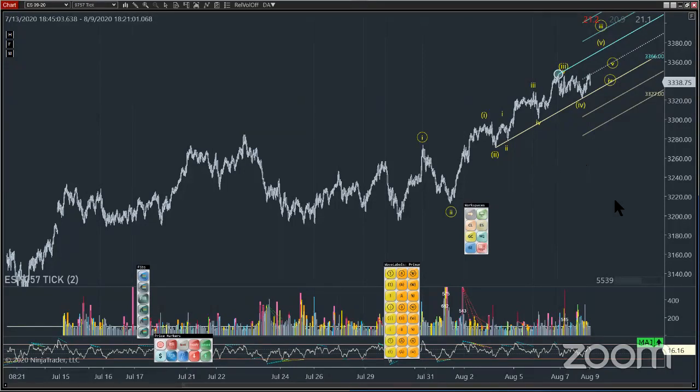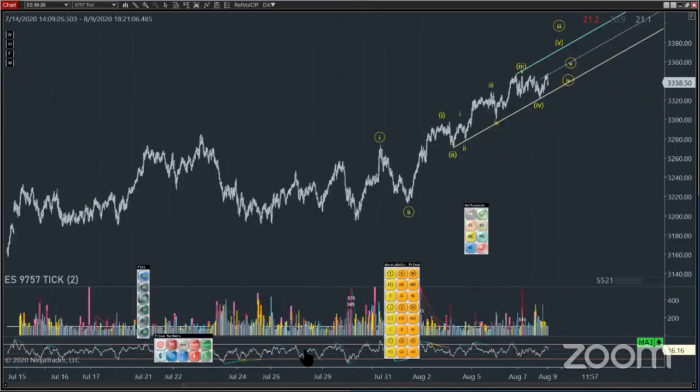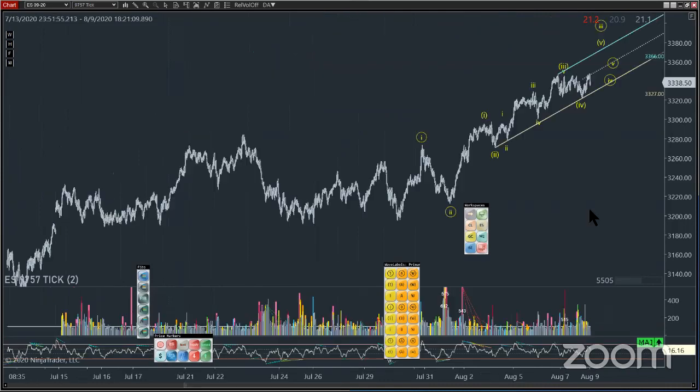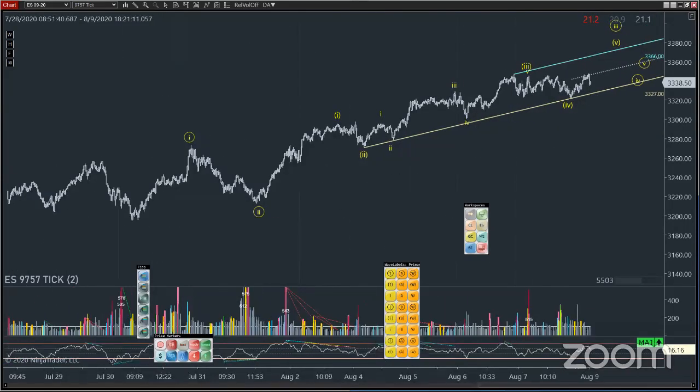Yep. So that's where we're probably headed. Although it does look like an ABC up, so it might be doing an extended sideways move. This does kind of look a little ABC-ish.